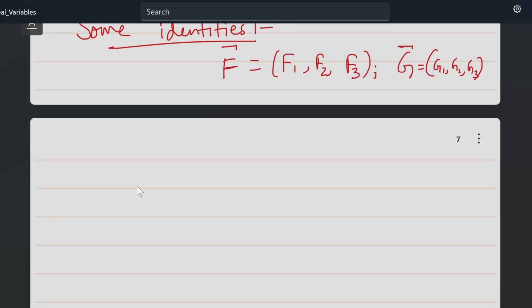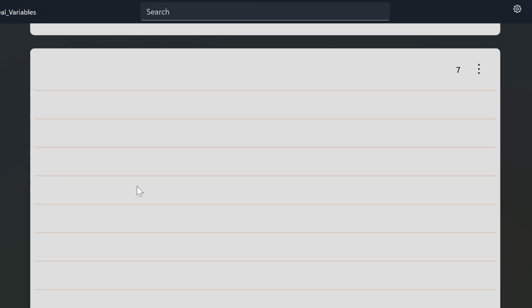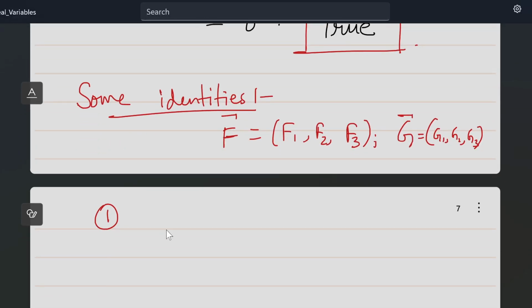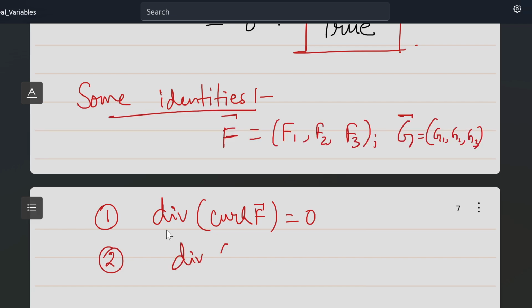Number one identity is, as you told, curl of grad is 0. That is different. Here capital F and capital G are both vectors. So number one is divergence of curl is always 0. You can prove this, okay? And divergence of F plus G, it is equal to what? Anyone?